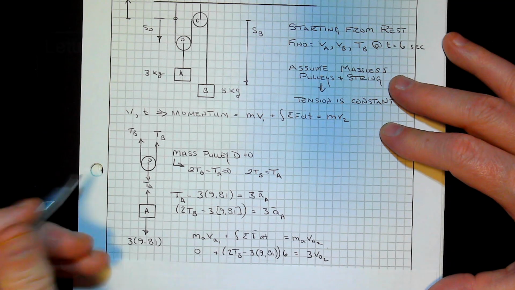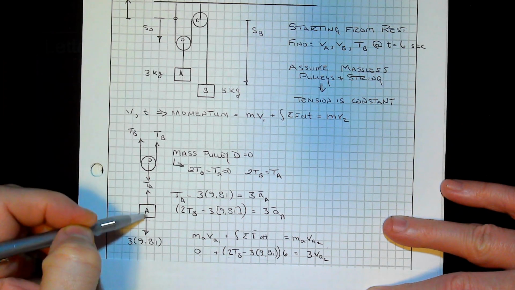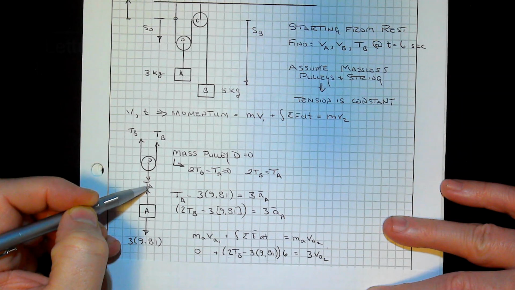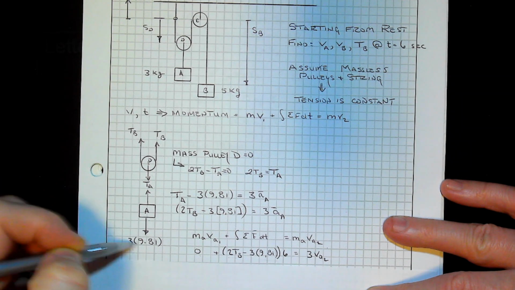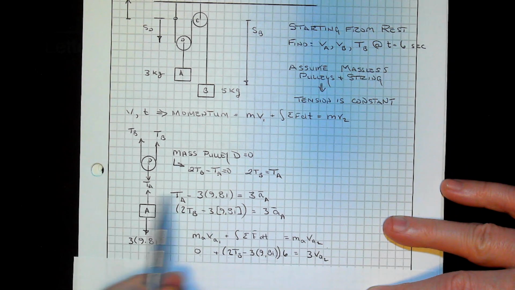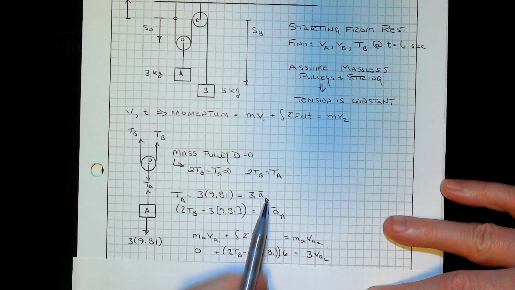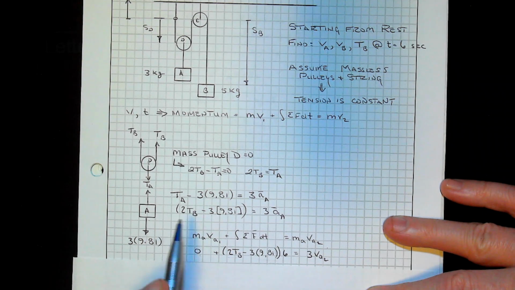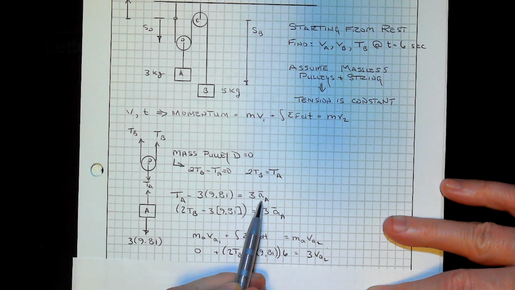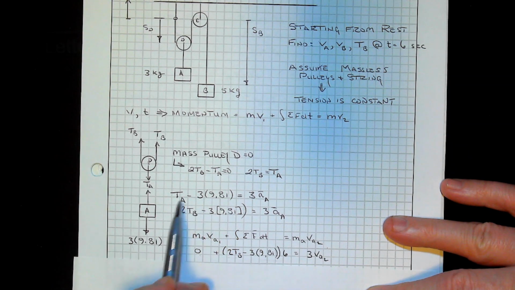And we'll take a look at, go down to there. So here I have this tension relative to this box that's coming up. And then here's the weight, 3 kilograms times gravity. And so I'll sum the forces. TA minus the weight of the box will be 3 times the acceleration of A. Now note, I don't really care all that much about the acceleration of A. And quite frankly, I don't care all that much about TA.